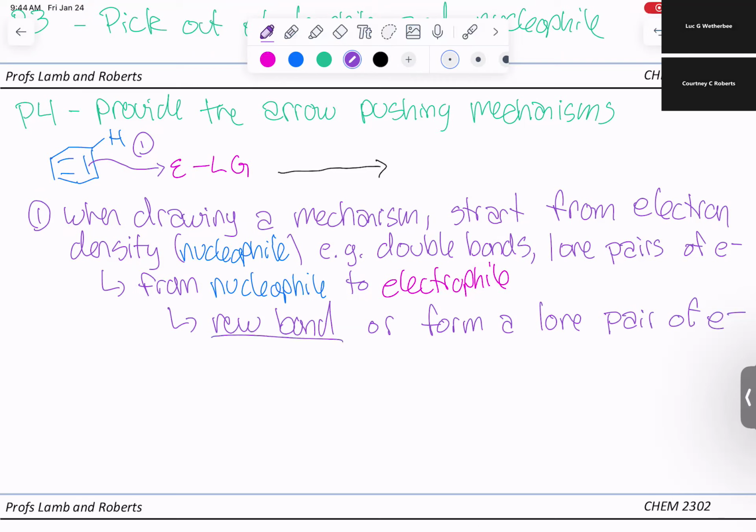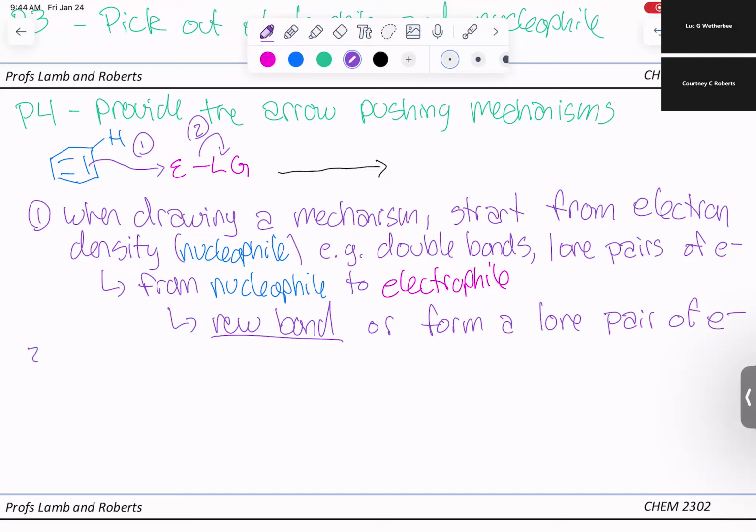Okay? So we're forming a bond from that lone pair or from that electron density and that double bond going towards our electrophile. And then this is similar to an SN2 mechanism where we're going to break the bond between our electrophile and our leaving group, and we're going to place a lone pair of electrons onto that leaving group.